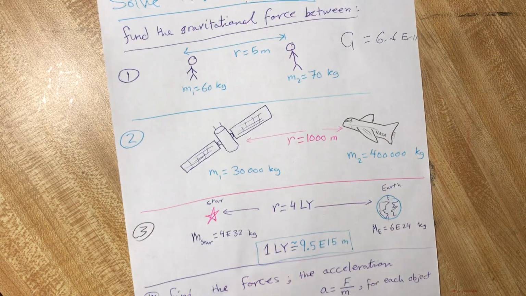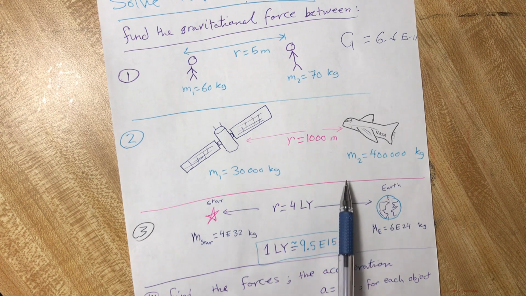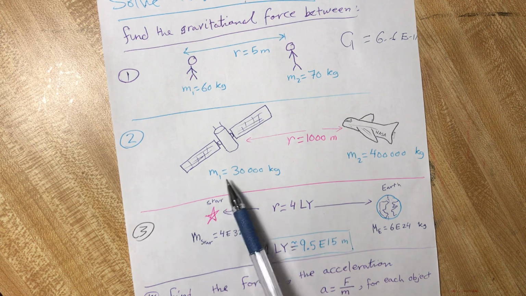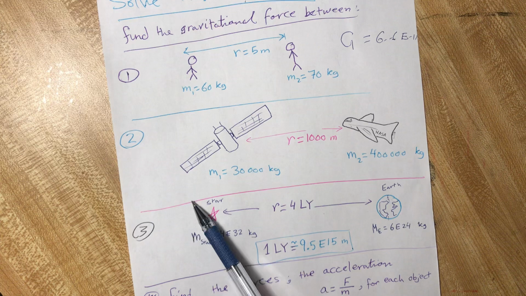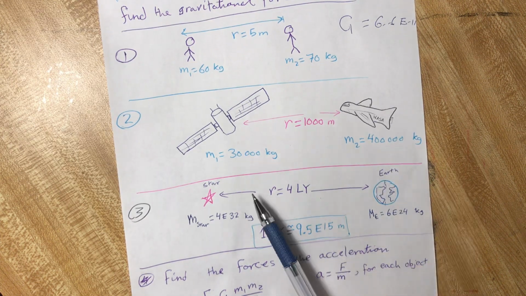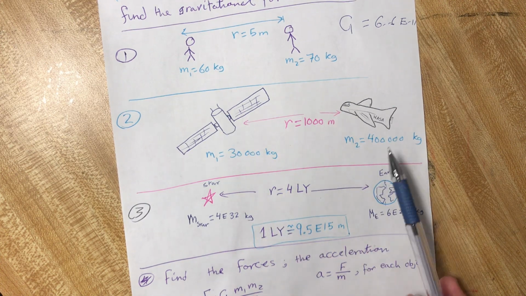Also, what if we have a satellite and a space shuttle? The distance between them is 1,000 meters. The mass of the satellite is 30 tons and the mass of the space shuttle is 400 tons. Compute the force between them and the acceleration.